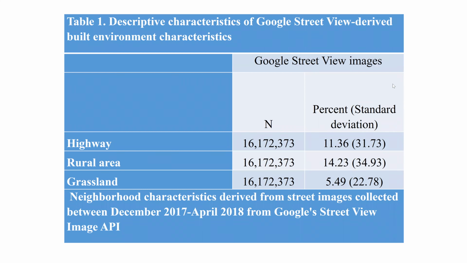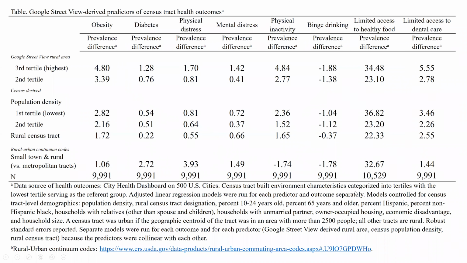So from the 60 million images, about 11% had a highway, 14% were labeled as rural area, and about 5% was labeled as grassland. And for the rural area indicator, we found that it's related to a variety of adverse outcomes. So we try to pick outcomes that are broad, just because we wanted to see the limits of which these built environment characteristics can predict or relate to health.